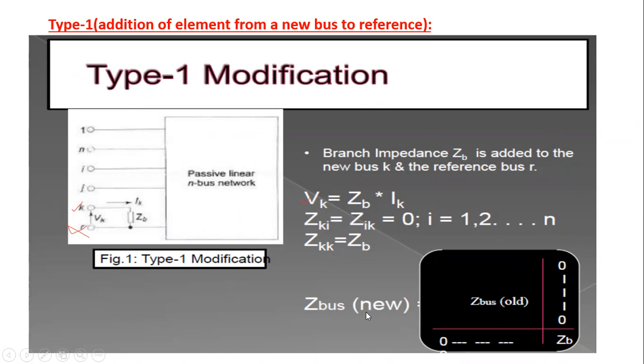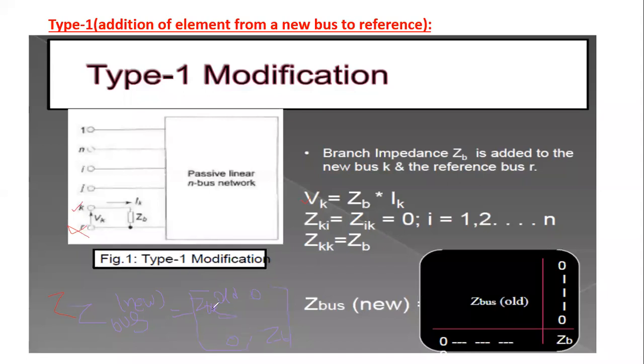We remember this formula: Z-bus new is equal to Z-bus old, 0, 0 and ZB, where ZB is the branch that will be added between the new bus and the reference.